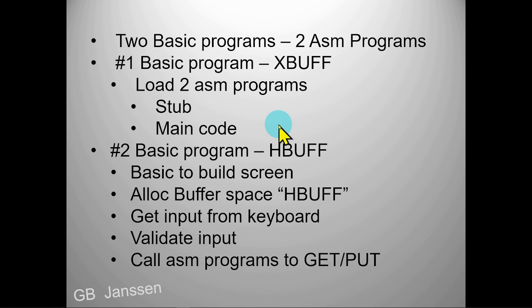It's going to build our screen for us, and then it will allocate three buffer spaces using BASIC's HBUFF command. It will get some input from the keyboard, validate that input, and call assembly programs to do the gets and the puts via the stub. It has to go to the stub to get this done.